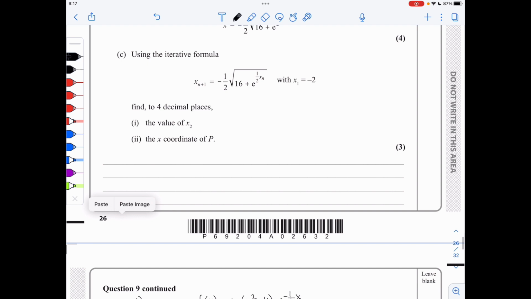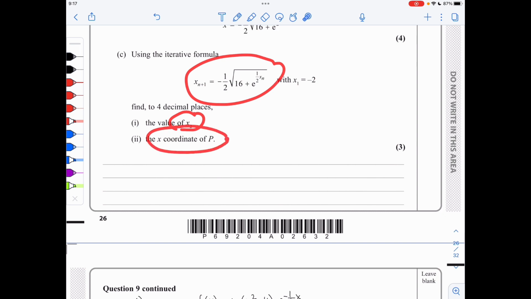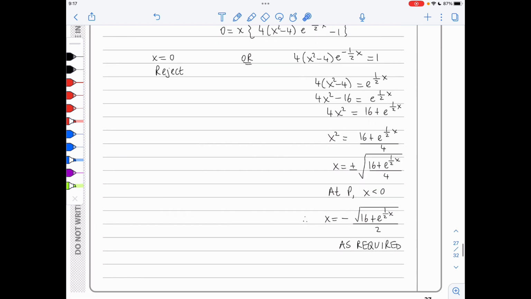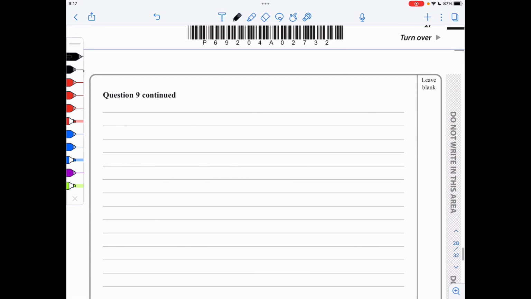And then in part C, we need to use the iterative formula here to find the value of x2 and the x-coordinate of p, both to 4 decimal places. So if I start with the x1 being negative 2 as instructed, I can plug the iteration formula on my calculator and I get that x2 is minus 2.0229.